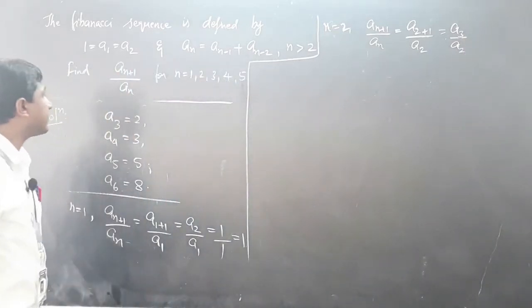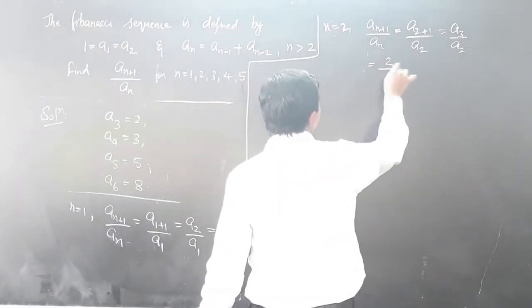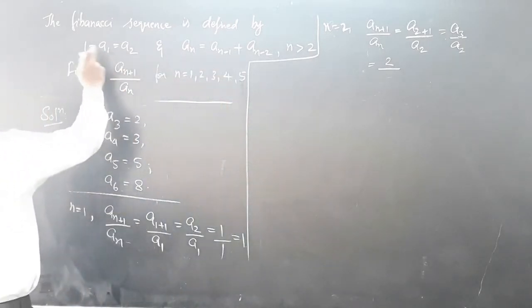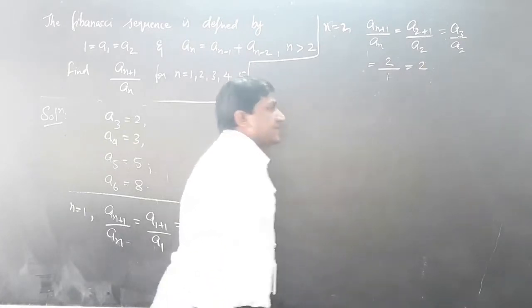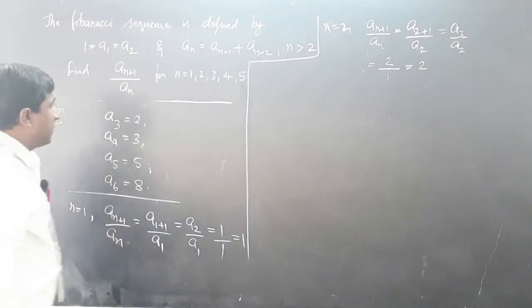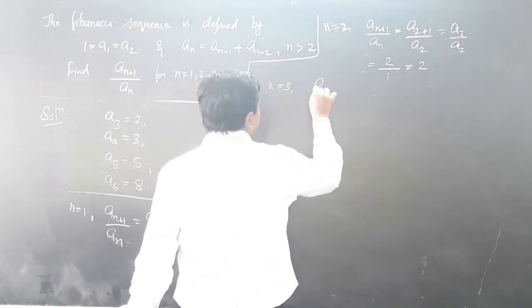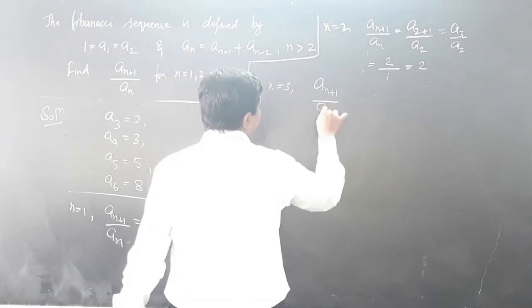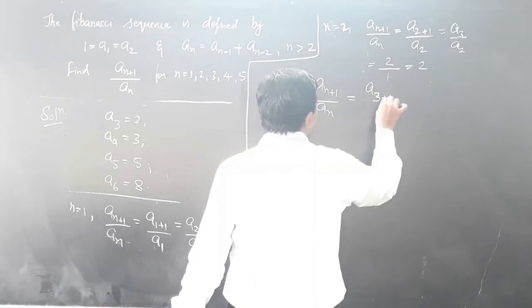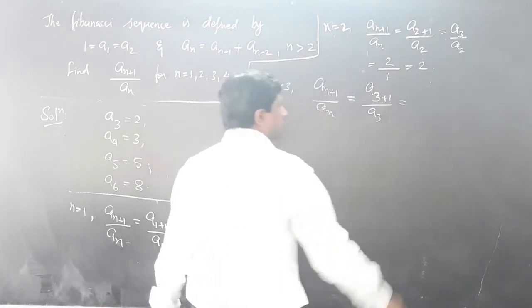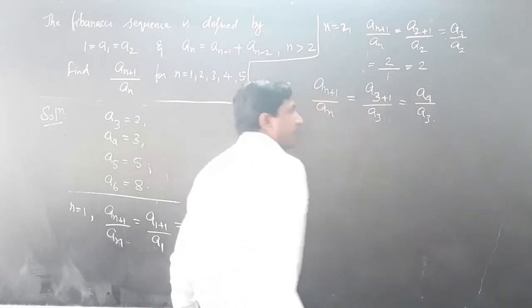A3 is 2 and A2 value is 1. 2 by 1 is 2. When n is 3, AN plus 1 by AN is A3 plus 1 by A3, which is A4 by A3.